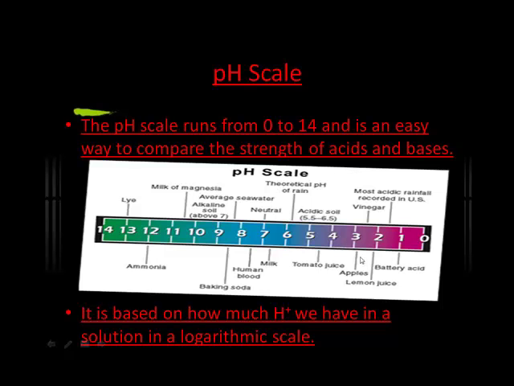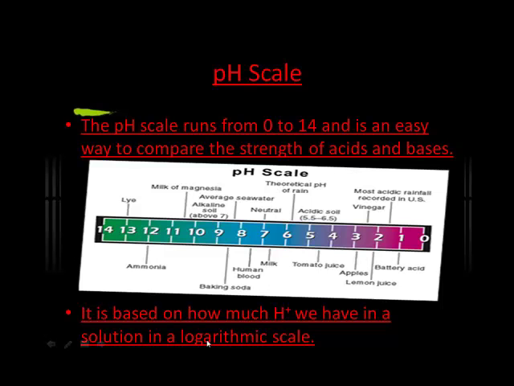If you have a really small amount of H plus ions, then your acid gets really weak, or we could also say it becomes more of a base, and the bigger your pH number gets. So pH is kind of an inverse scale. The bigger the number, the smaller the concentration of hydrogens in our liquid.